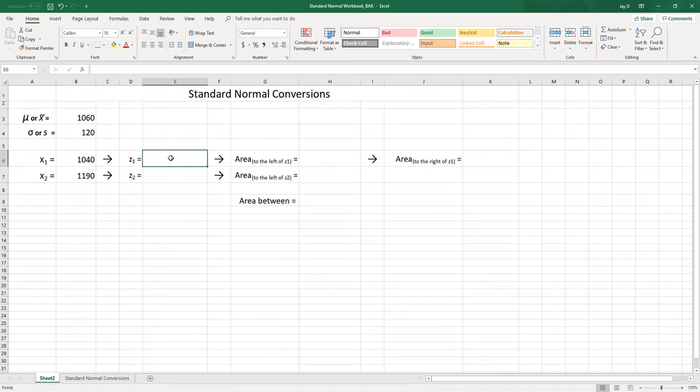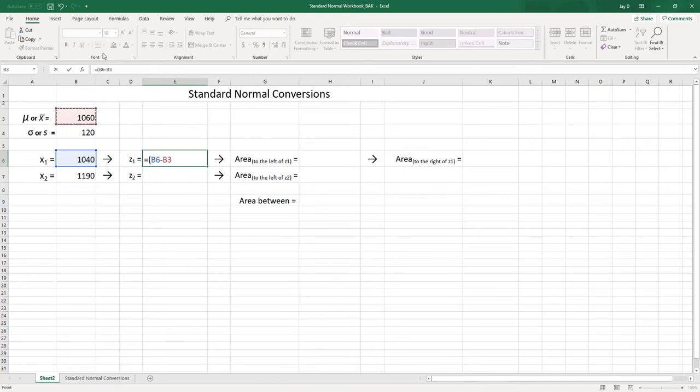It's a subtraction and a division. Basically, we take our x value, we subtract the mean, and then we divide that result by our standard deviation. You have to put the entire numerator inside parentheses. We have equals, open parenthesis, x value. Now, if I drag and drop down, do I want that to change? Yes, so I'm going to leave it just the way it is. Minus my mean.